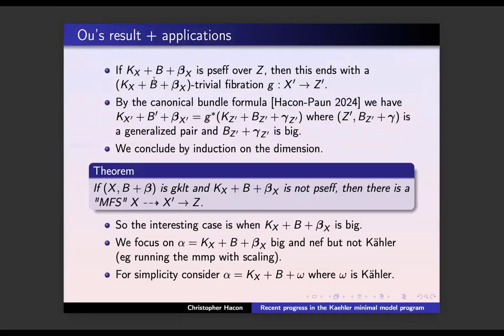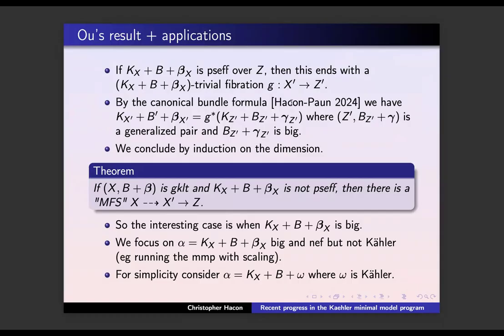However, if K_X plus B plus beta_X is pseudo-effective over Z, then it will either end with a minimal model, or in the case that K_X plus B plus beta_X is not big, it will end with a K_X plus B plus beta_X trivial fibration over Z. Let's call this X prime to Z prime.